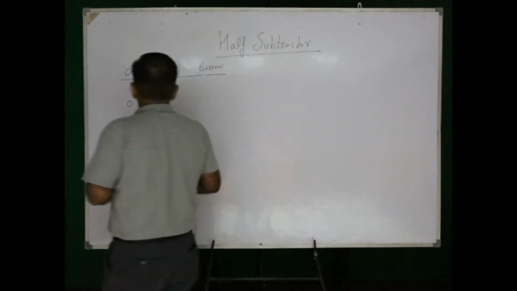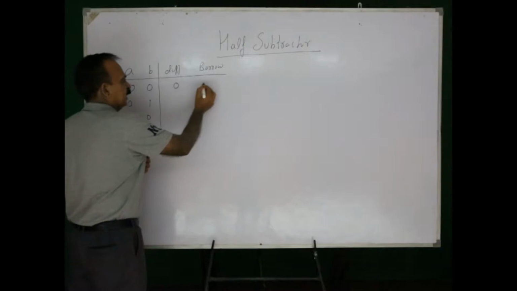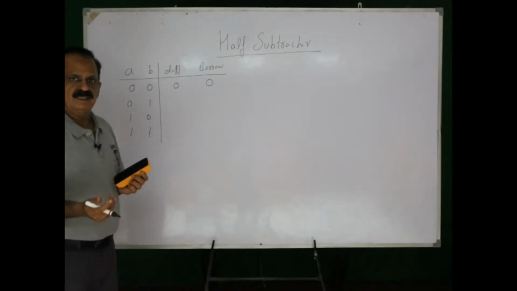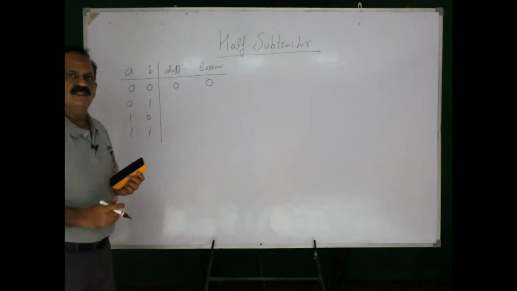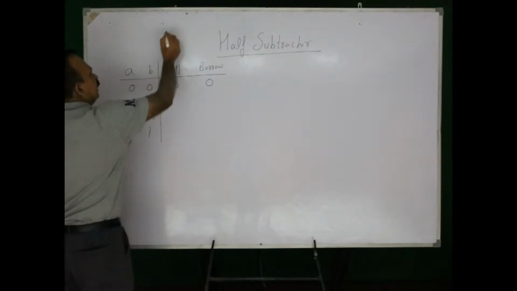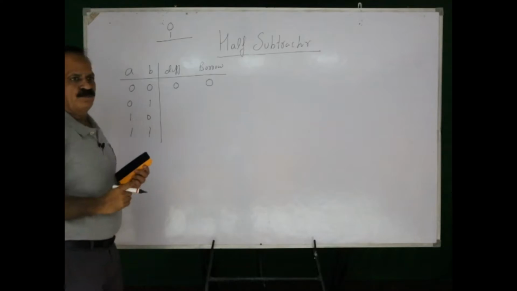Now, A minus B, 0 minus 0, I hope the difference is 0 and there is no borrow at all. That means difference is 0 as well as the borrow is 0. Now, 0 minus 1, I want to subtract 1 from 0.